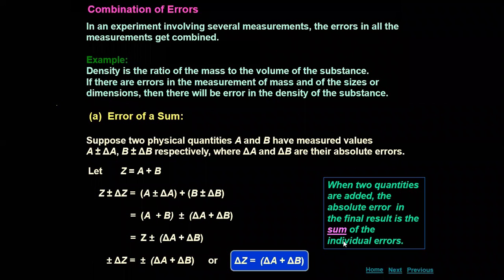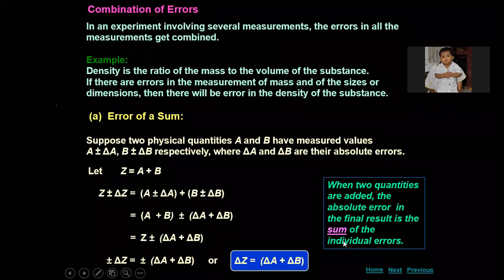That is how errors will be in the case of addition. When we combine in the form of summation, this is how errors will be, right? Now we will go with subtraction also, if this is clear.